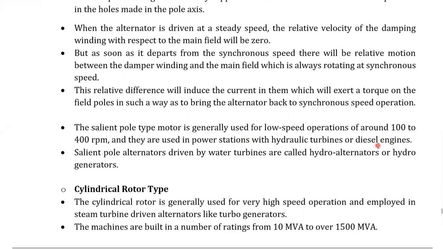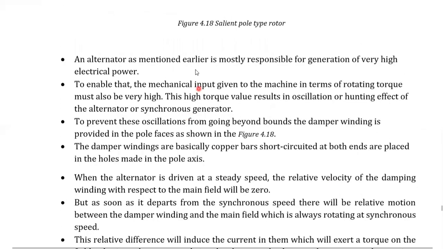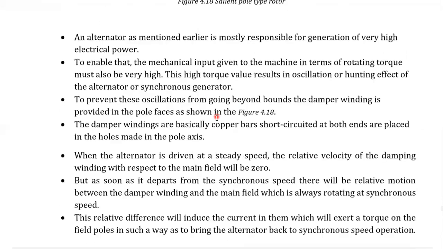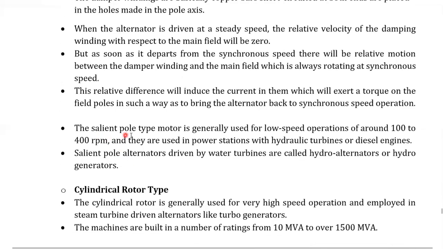In hydropower plants and diesel power plants, this type of salient pole rotor is used. Salient pole alternators driven by water turbines are called hydro alternators or hydro generators.